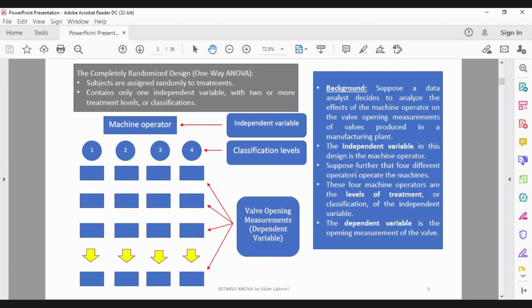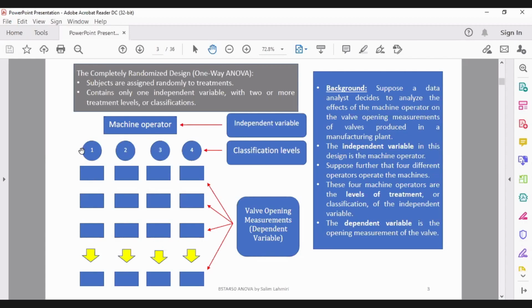Suppose further that four different operators operate the machines. These four machine operators are the levels of treatments or classification of the independent variables. So the dependent variable is the opening measurement of the valve.